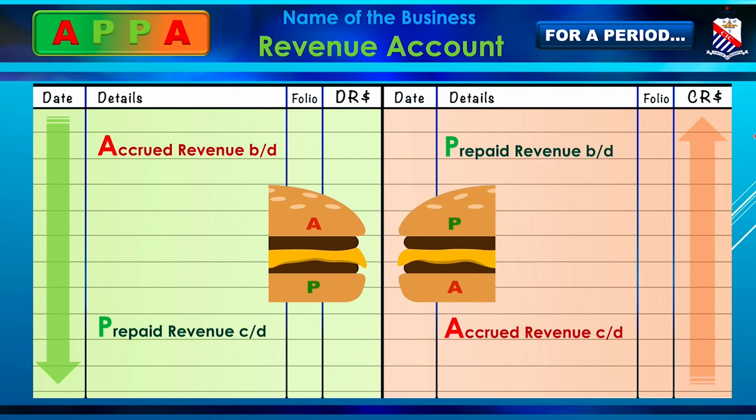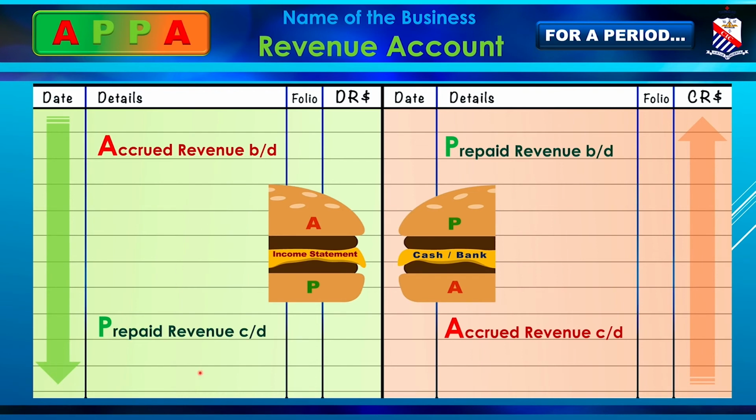And then you will have your wonderful meat in between, which would be income statement on the debit side, transfer to income statement, and the cash or bank on the credit side. That's because with revenue, whenever you increase revenue, remember it's the opposite of the expense. Whenever you increase your revenue, it goes on the credit side, and whenever you decrease your revenue, it goes on the debit side.